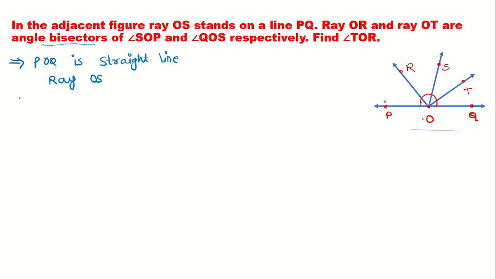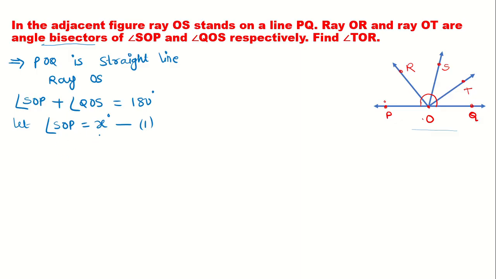This ray divides two angles, angle SOP plus angle QOS, which is equal to 180 degrees from linear pair of angles. Now, as no numerical values are given, let us consider angle SOP as x degrees. Let's call this equation 1.